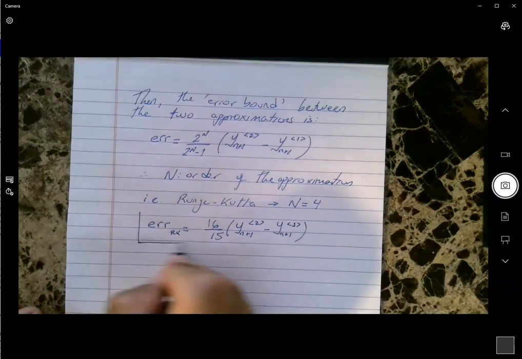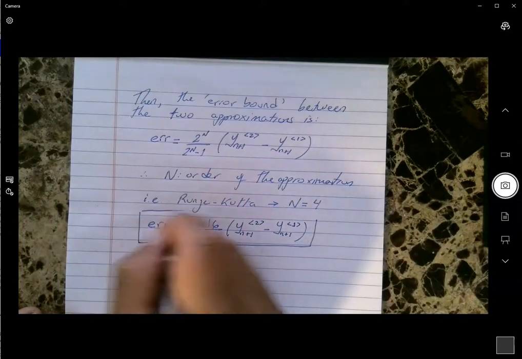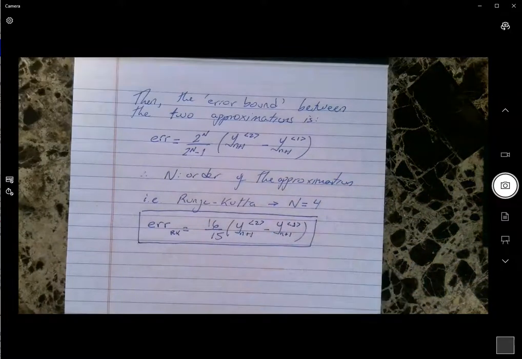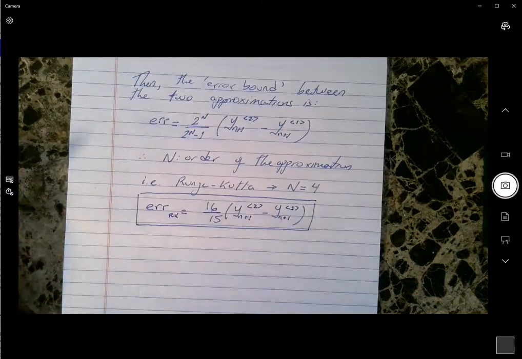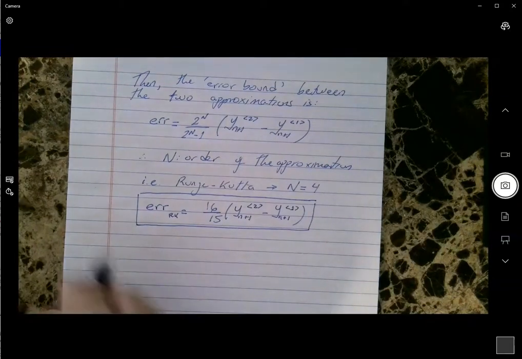Okay, and we're going to stick with Runge-Kutta from now on. So this is going to be the formula that we're going to use to predict what the error is between the 2 approximations. So the next step is essentially, well, let's use this information.